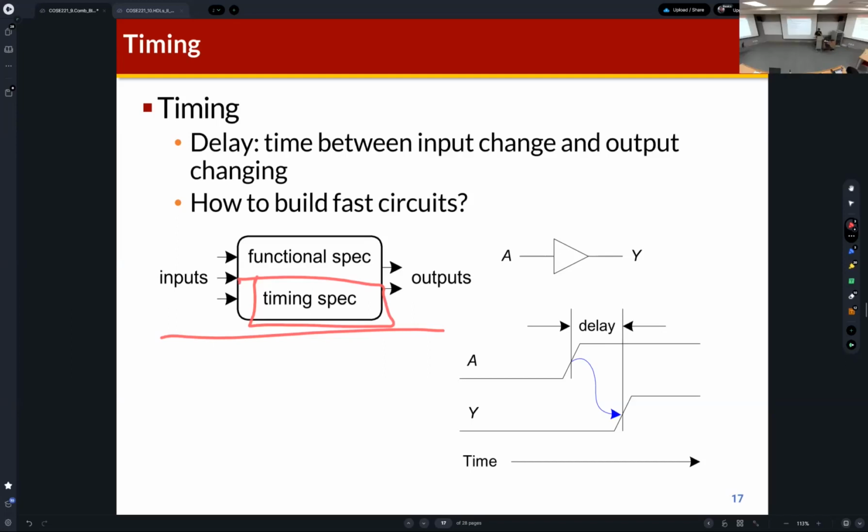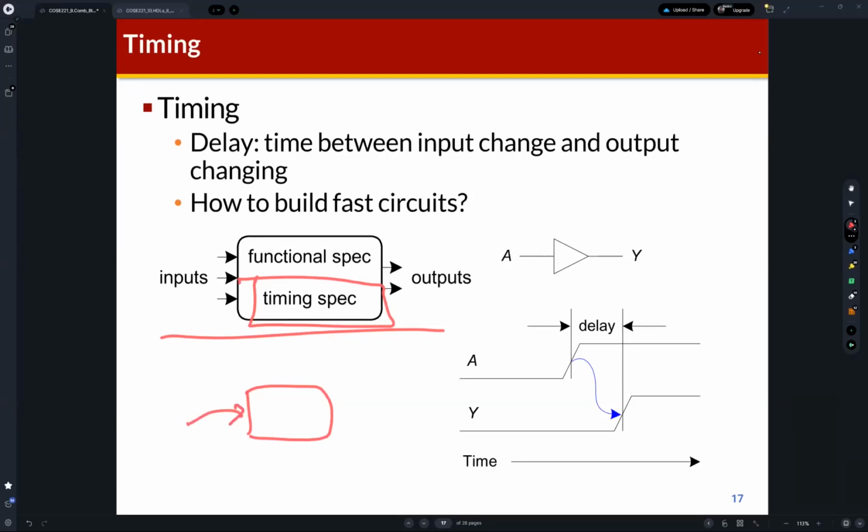So this diagram looks like a black box. Input values are given to this black box, then output values are generated, but after some delay delta t.